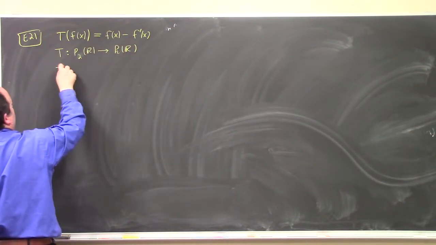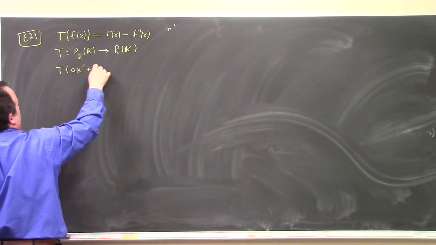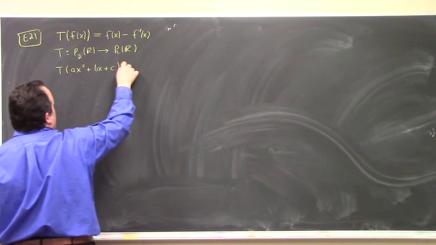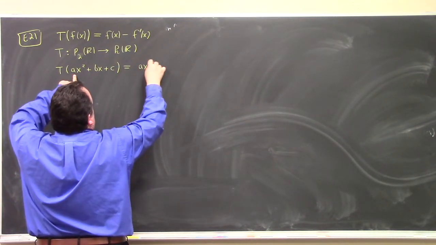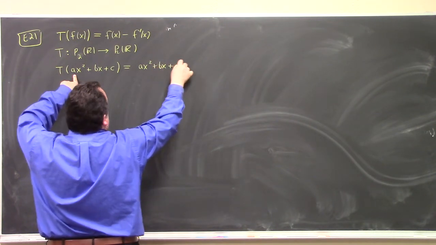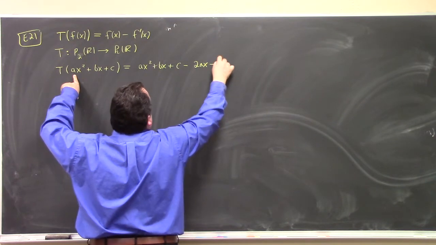So in other words, T of ax squared plus bx plus c is equal to ax squared plus bx plus c minus 2ax minus b.